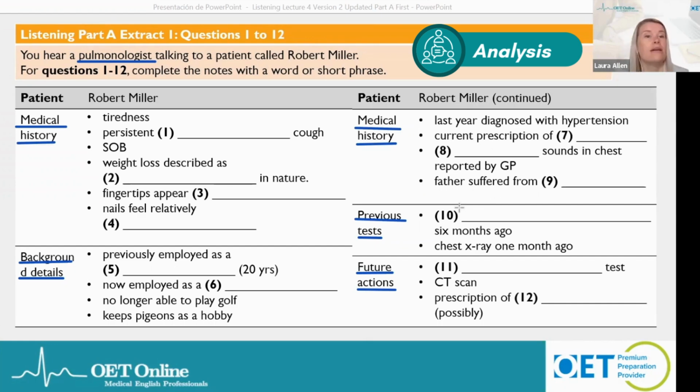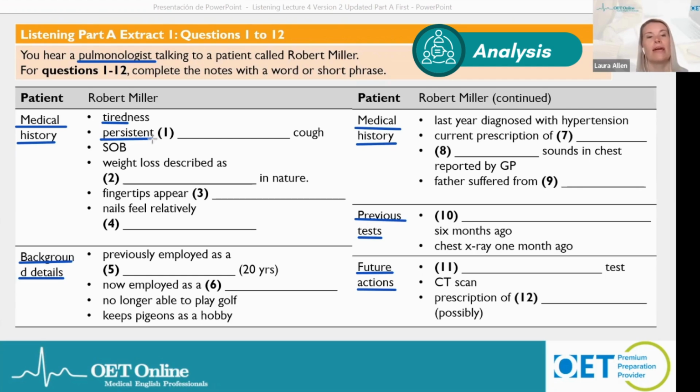Yeah. Okay. So then we've got our first gap here. Persistent cough. Okay. What do we mean by persistent? First of all, constant. Exactly. Yeah, continuous, doesn't stop. Right. These are things we need to be thinking about, guys, because the patient's probably not going to say, I have a persistent cough. Right. They're going to use a synonym, as you guys are saying. It's continuous. It's there all the time.